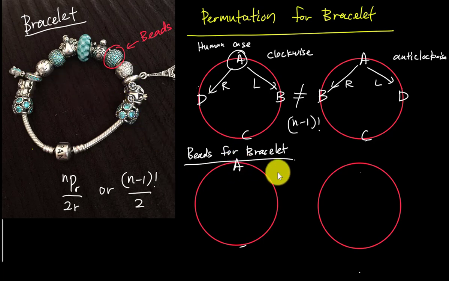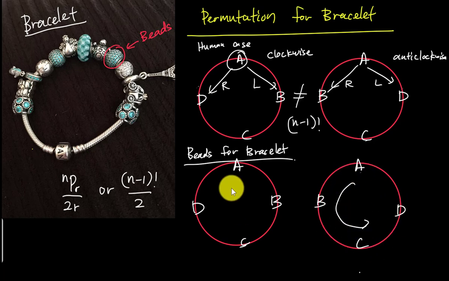If I put them like this, A, B, C, D clockwise, and A, B, C, D, you can see this is anti-clockwise and this one is basically clockwise. If I arrange clockwise and anti-clockwise for a bracelet, they are the same, because first of all, A itself is not human, so it doesn't have a specific perspective to realize B and D are not the same.